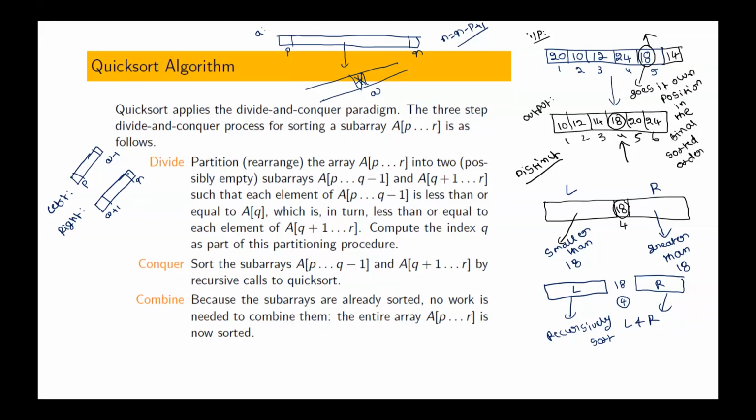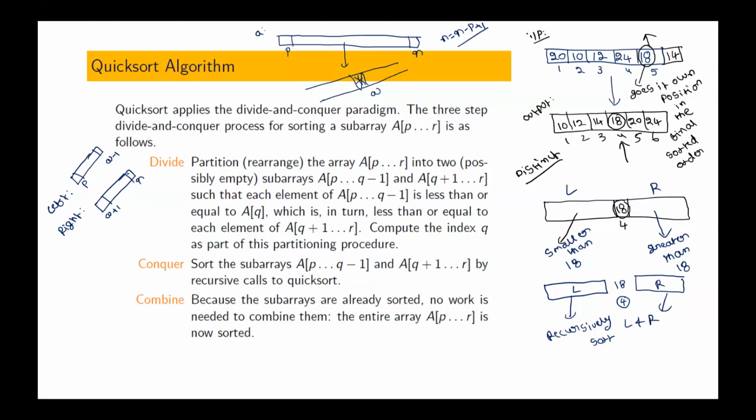So what does this partition algorithm of Quicksort do? It considers one element as the most important element. It sends that element to its own position in the final sorted order, and automatically, based on that, the array is divided into two parts, one with elements smaller than that, one with elements greater than that.